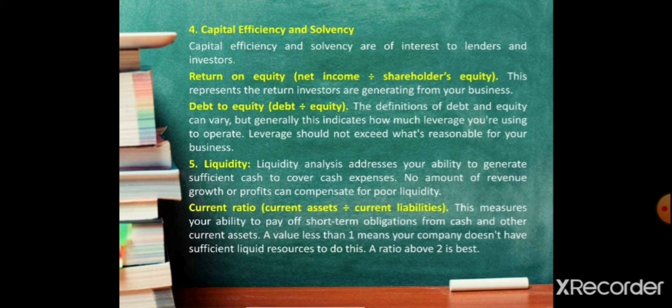It means that if the current ratio is below 1, then the company's liquidity position is not good. A ratio above 2 is best. It means that if your current assets are 2 rupees, then your current liabilities are 1 rupee. You can easily settle this liability by selling the current assets or collecting the money from current assets.